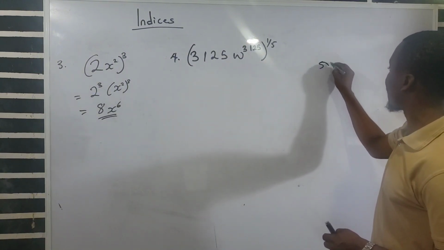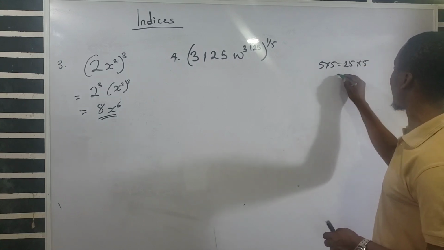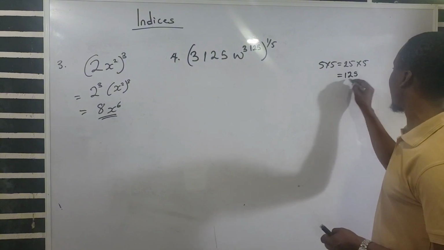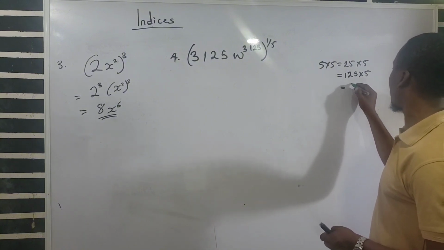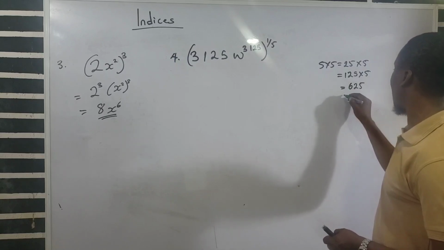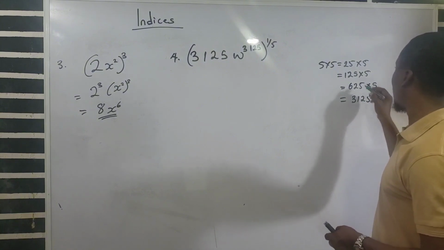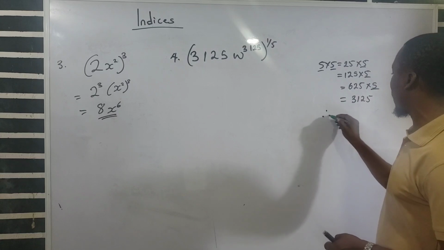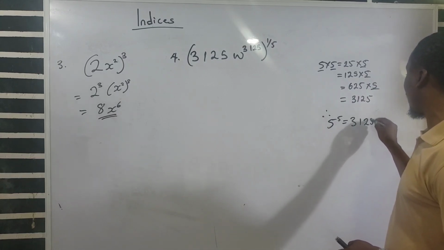So 5 times 5 will give us 25, times 5 will give us 125, times 5 will give us 625, times 5 is going to give us 3125. So that's 1, 2, 3, 4, 5. Therefore 5 raised to power 5 will give us 3125.